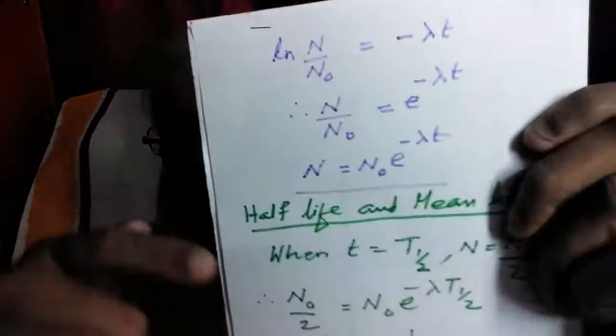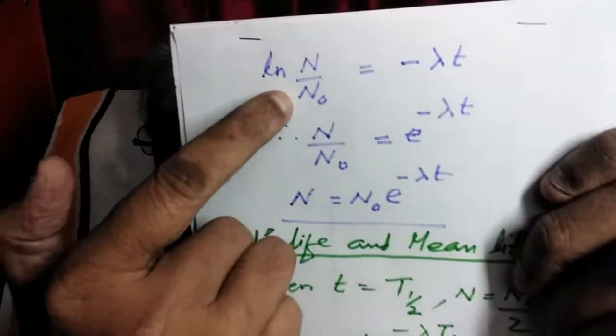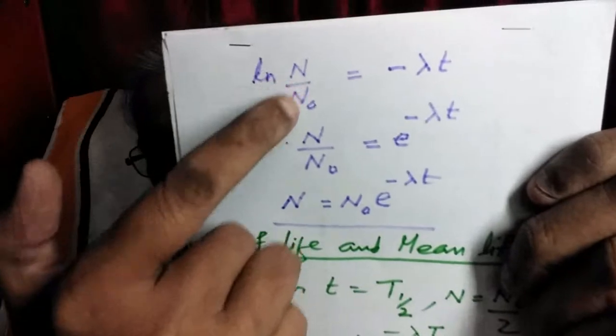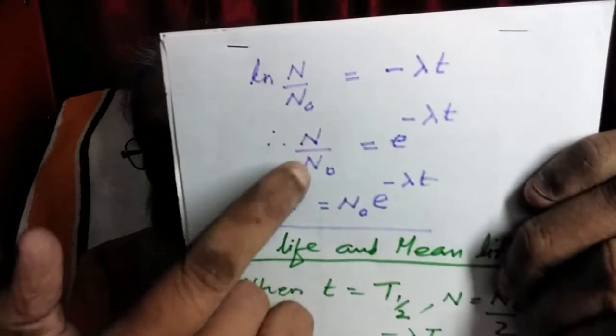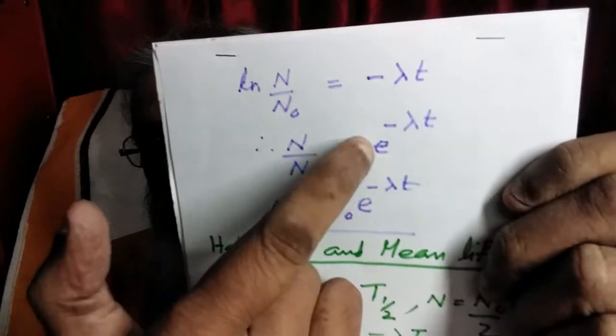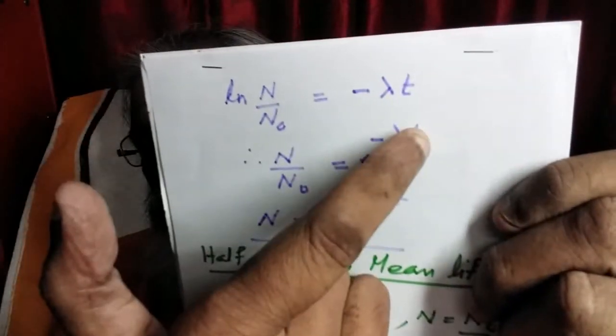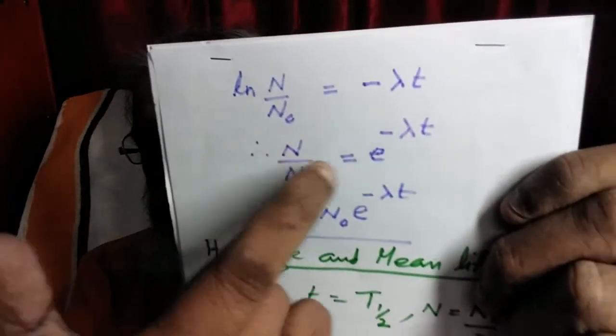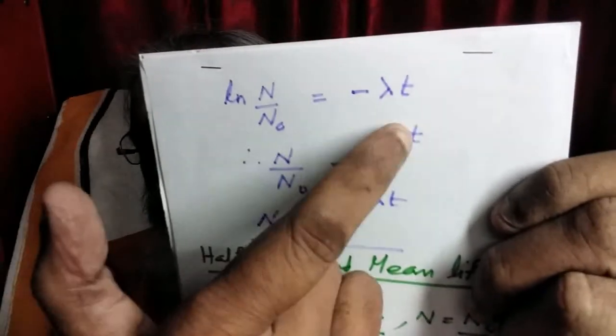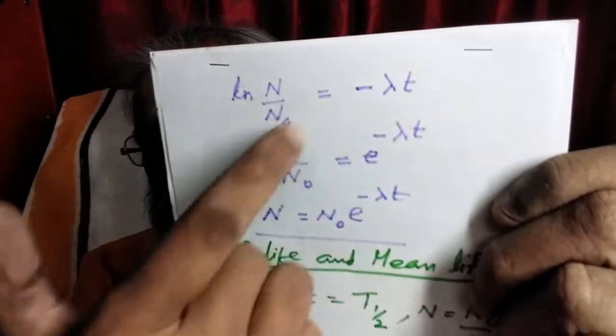For 8 equals 2 raised to 3, the base is 2, and 8 is expressed in power form with base 2. Here the base is e, so you can write this as N by N0 equals e raised to minus lambda t. Just as 8 equals 2 cube, so log of 8 to the base 2 equals 3.